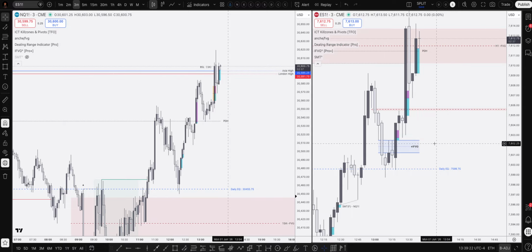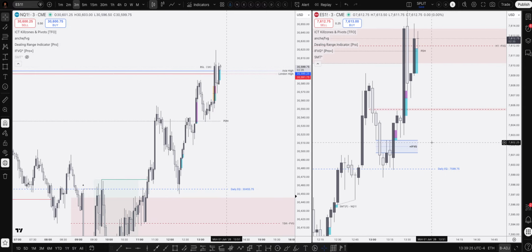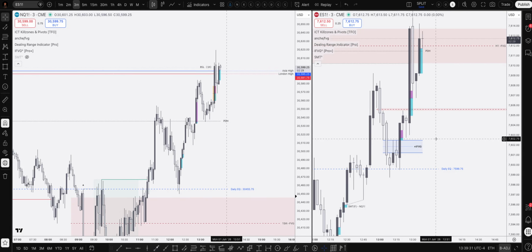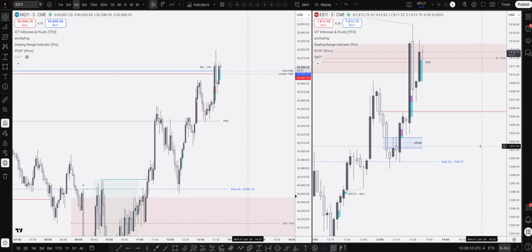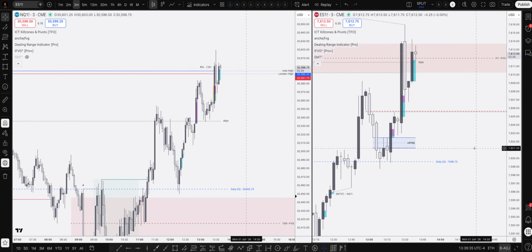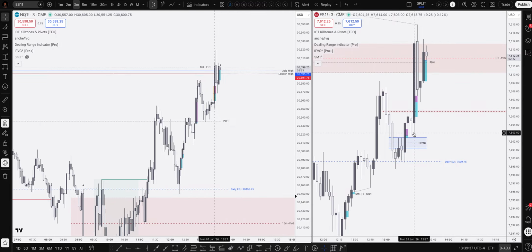Yeah. So, did you front run the entry, or did you wait? You waited for the close? Yeah, it's risky, man. But you're right, you have NQ on the left here.